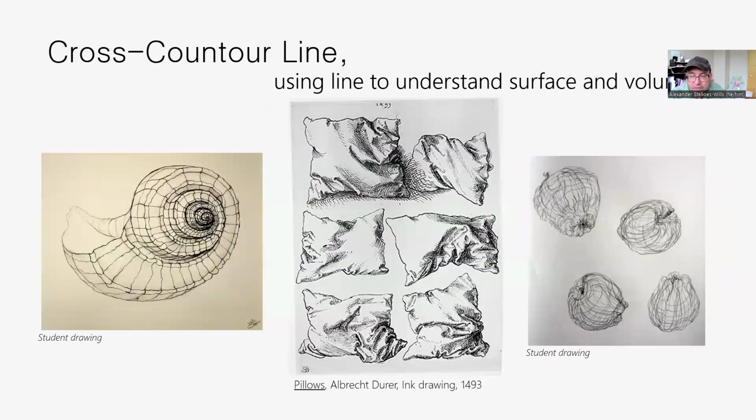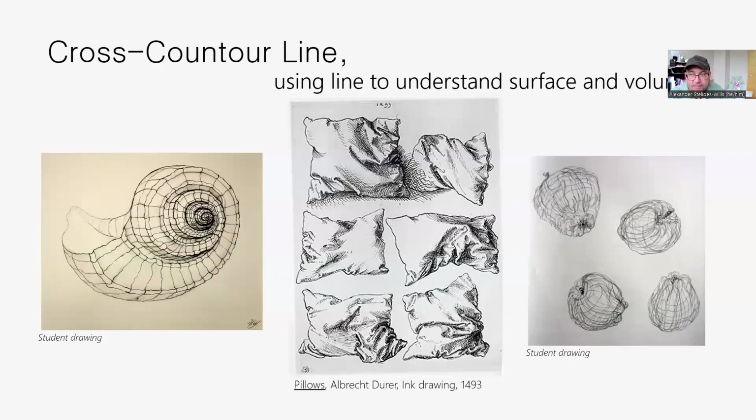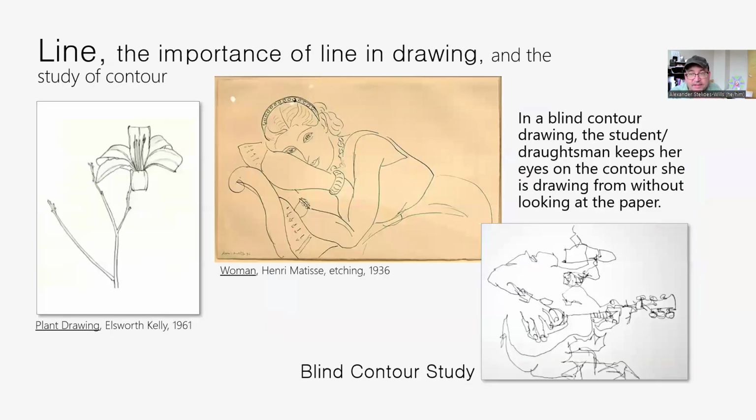And cross contour line is usually taught at various times in various levels of drawing class. And gesture drawing is taught especially at the beginning of figure drawing, but also usually at the beginning of drawing one and drawing two, where students are encouraged to learn to draw gesturally, expressively and loosely. Okay, so I want to make sure that you're aware of why some of that stuff is covered.